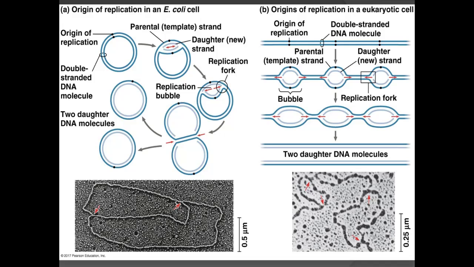Also note that we have bidirectional replication occurring, meaning that at both replication forks we will get DNA replication occurring. Once the replication bubble increases, more DNA can be accessed, which means that more DNA replication will occur.